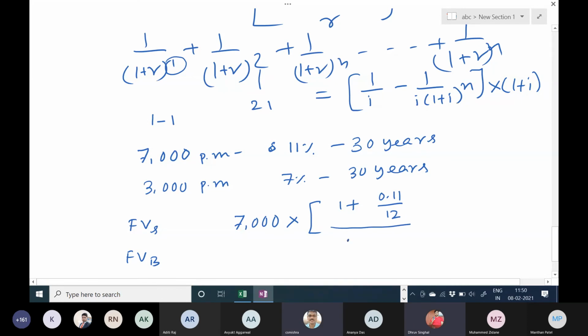The whole divided by 0.11 divided by 12. This one to the power what? 12 into 30. Then next what? Minus 1.